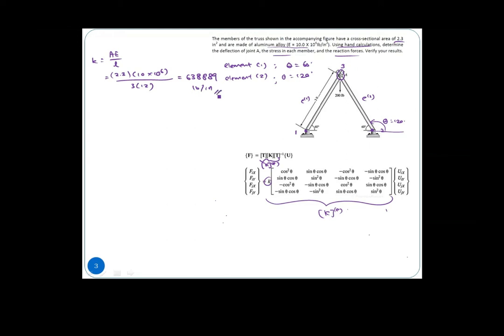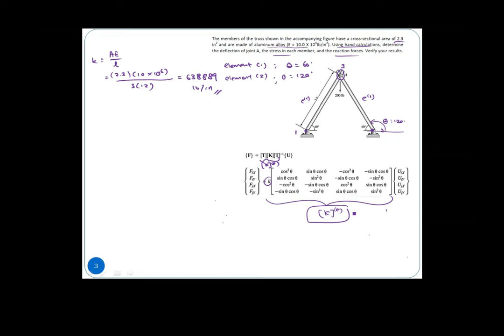To find our K1, the first element, I apply this with theta of 60 degrees. For K1 it is 60 degrees, for K2 it is 120 degrees, right?